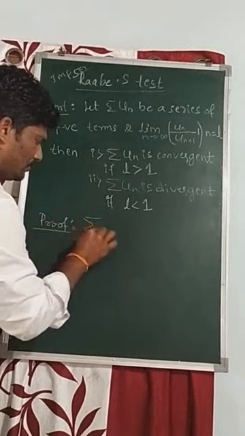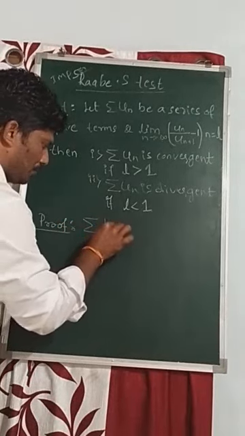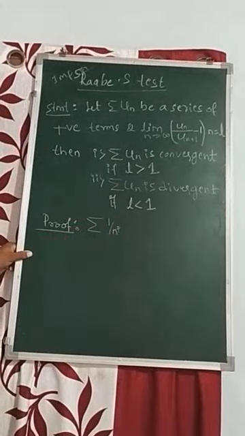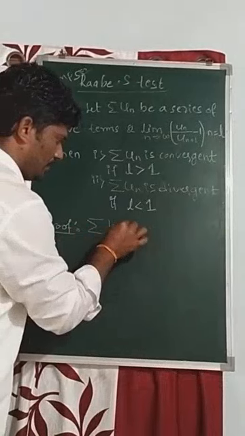Summation of 1 divided by n raised to p is convergent. This is the p series.